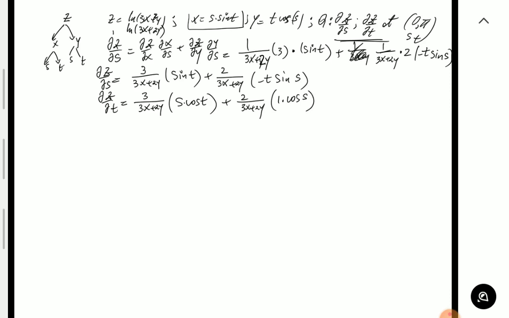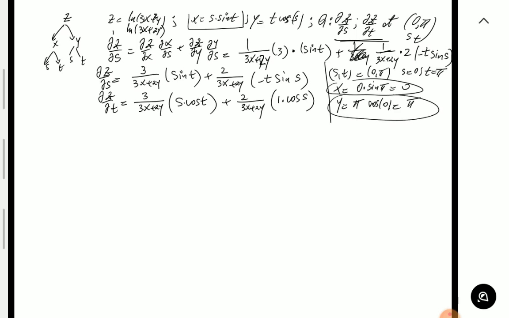Alright, so now we can plug in the values carefully, because we plug in (0, pi) for (s, t). Let's see the corresponding values for x. If s is 0, obviously x is 0. And for y, we plug in pi cosine of 0, which is pi. So we're going to plug in 0 for x, pi for y.